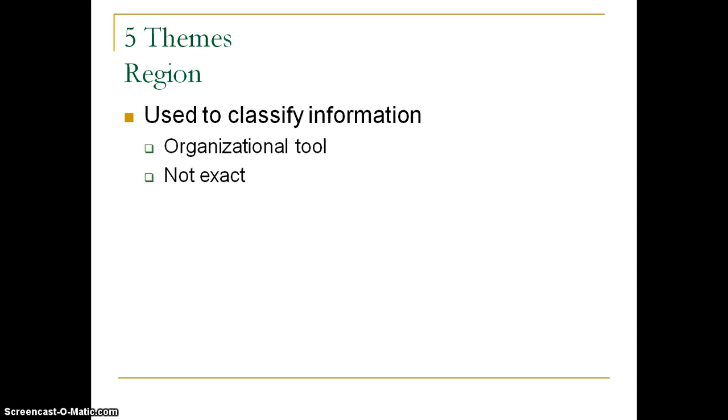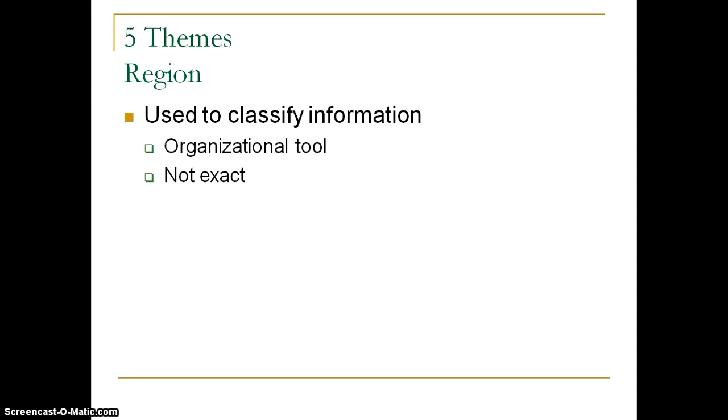The purpose of a region is to try to classify information, to group areas, and a lot of it has to do with finding the commonalities between those particular areas and seeing how that impacts the landscape. Again, it is an organizational tool. Humans are pretty much obsessed with trying to organize their world so that they can better understand it, feel more like they have control over the things going on, and have the ability to study those things.